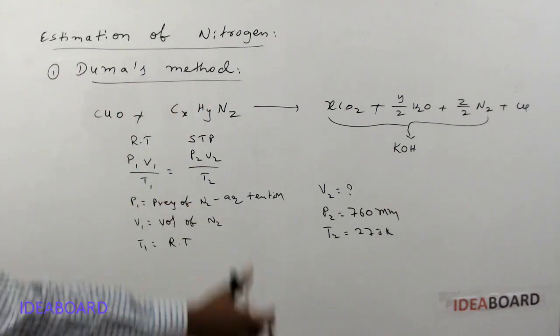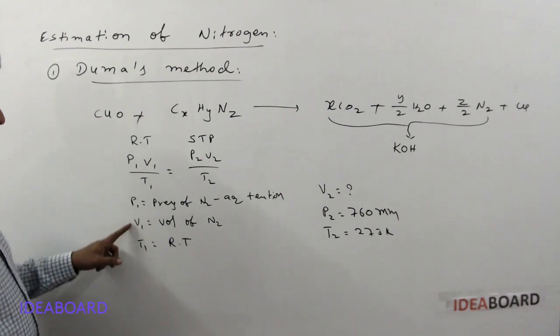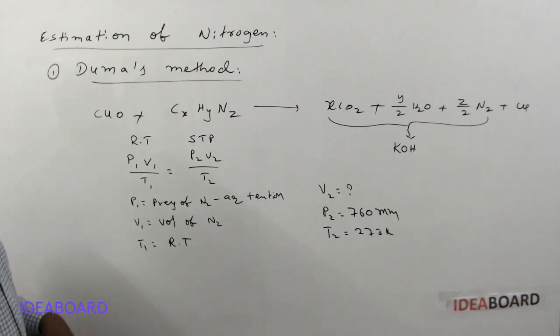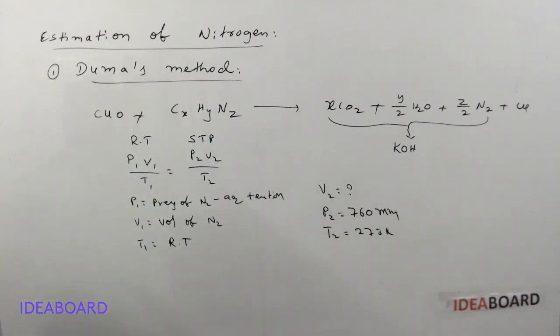From this we can calculate the V2 value, and if you know these values we can get the volume from this. Temperature, room temperature, means 298 Kelvin, we measure, and P we can calculate from this, and they provide these values.